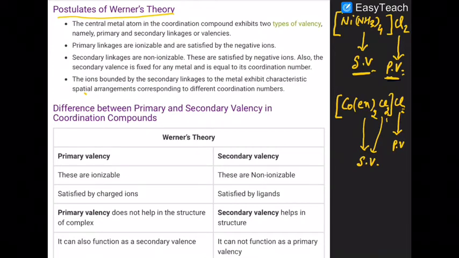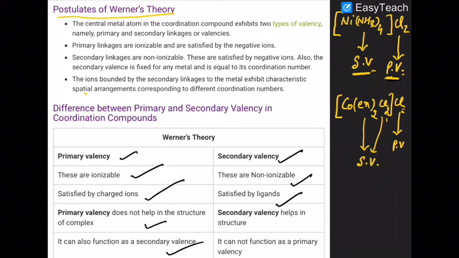Okay. Now what about the difference once more? If you look at that, primary valencies are ionizable, primary valencies are satisfied by negative ions, primary valencies do not determine the structure of the complex. Okay, primary valencies can be used as secondary valencies also. Secondary valencies are non-ionizable, satisfied by neutral ligands or by negative ligands.